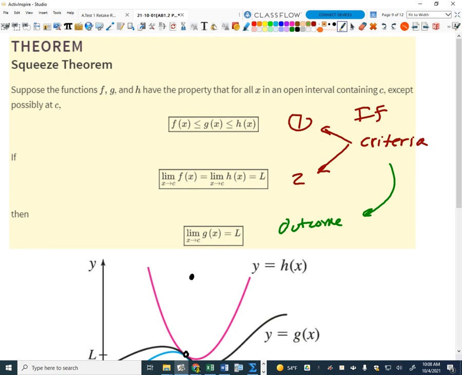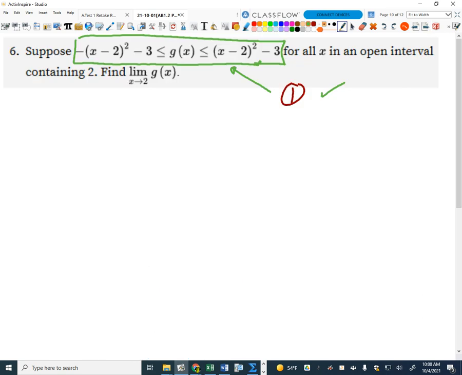In order to squeeze the middle function to that same value. It wouldn't do us any good if the limit of the bottom function as x approached 2 was different than the limit of the top function, because we wouldn't know what the limit of g of x was. It could be anything in that range, right?